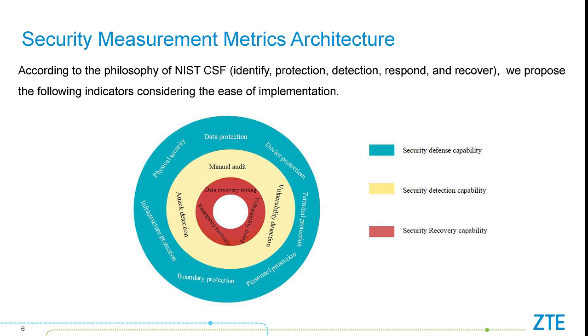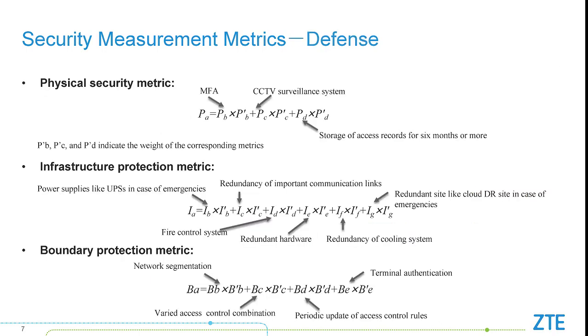And in each of the layers, we have different indicators to fully describe the capability. For example, in the defense layer, we can use the following indicators to evaluate the capability. The first indicator is the physical security metrics, which consists of 3 parts, and each part is a product of 2 parameters.